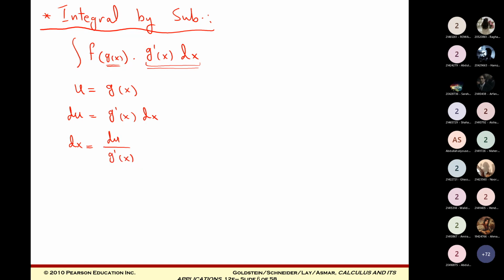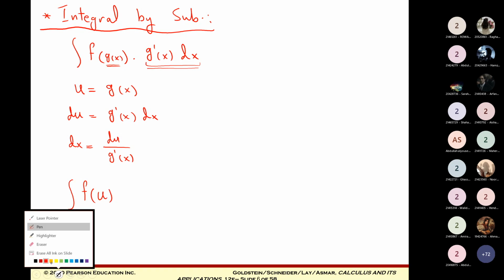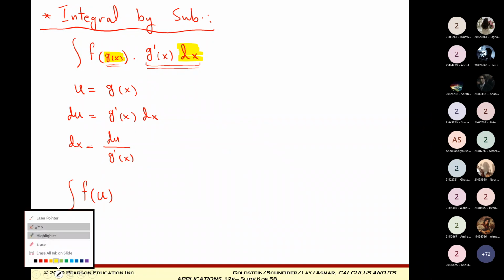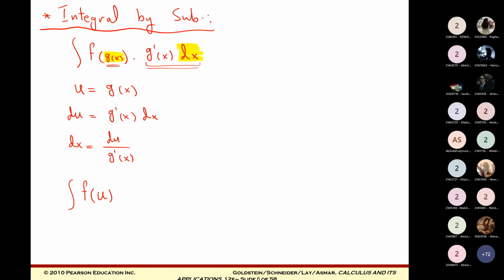Now we need to substitute two things, g of x and dx. Replace g of x with u, and we have g prime of x.